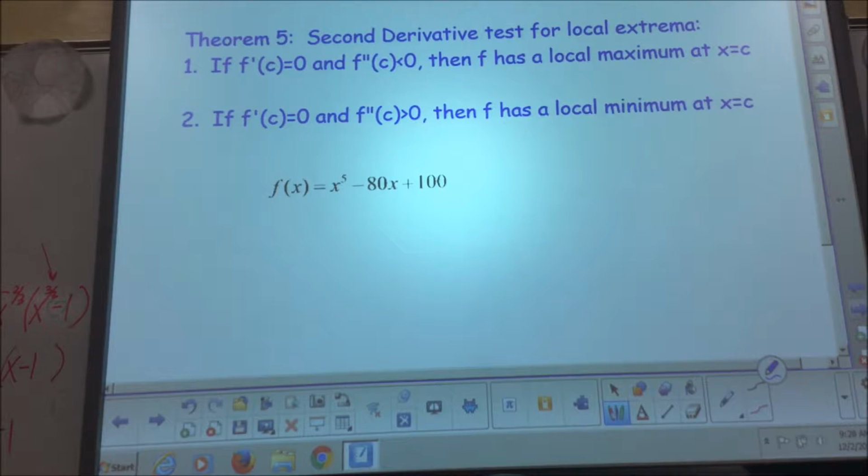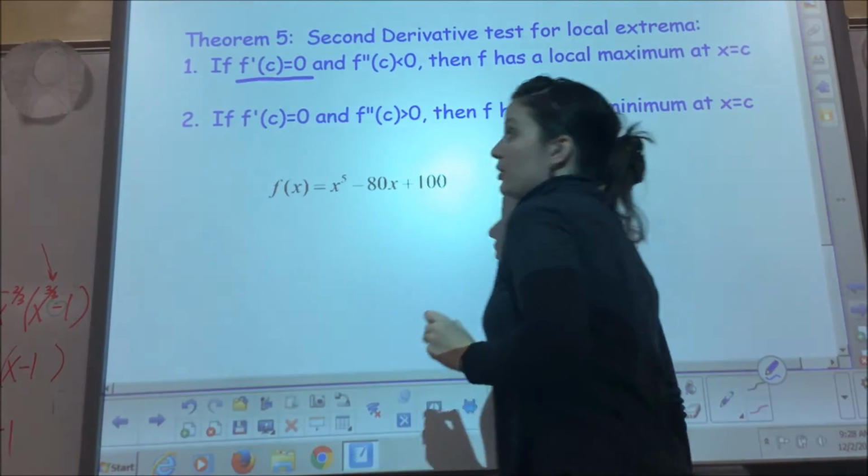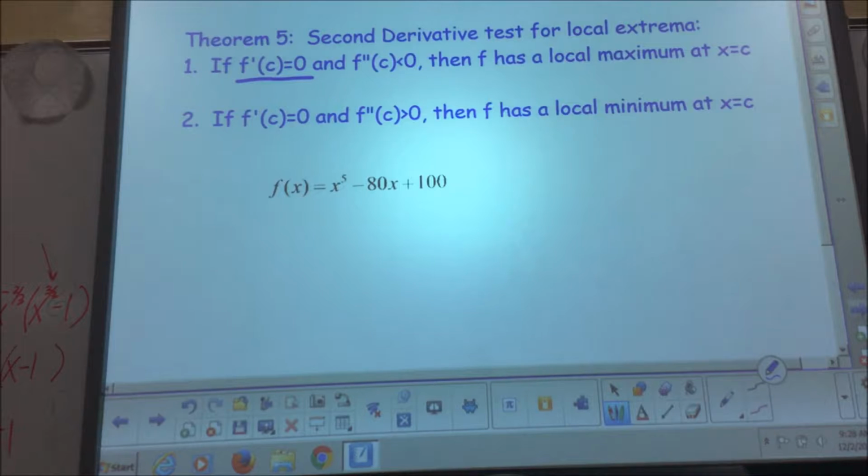This one combines the two and says, instead of doing your sign analysis separately, you can skip the sign analysis for the first derivative and use the sign analysis from the second derivative to tell you if it's a min or max.